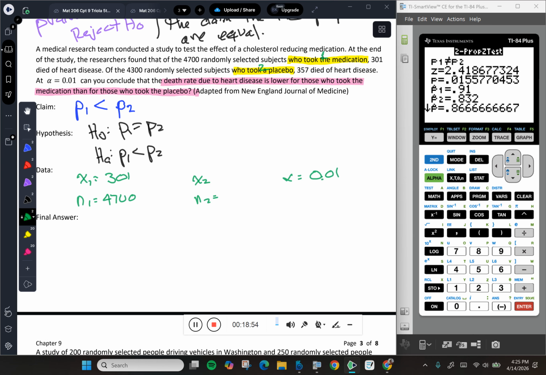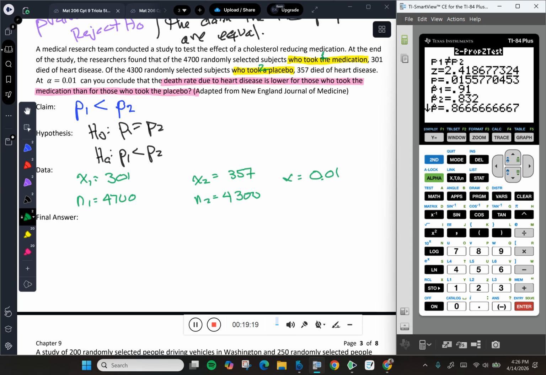N2 is going to be 4,300 and X2 is going to be 357. I don't have P hats for either group, but honestly, I don't need them. I think I've got everything I need. I've got X's and N's and an alpha level. I've got a hypothesis.